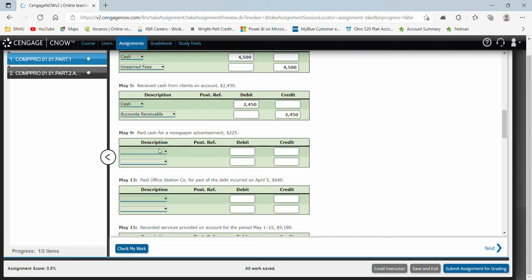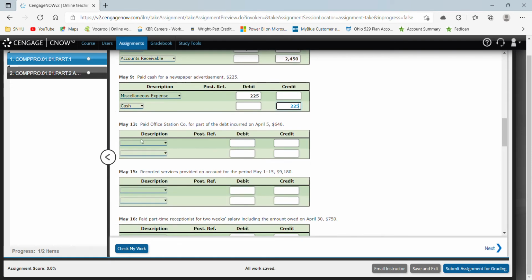What else is happening? It looks like we have a miscellaneous expense for a newspaper advertisement. So we're going to record miscellaneous expense for $225 and credit cash. I know crediting cash seems like it should increase it, but crediting cash decreases our cash balance.